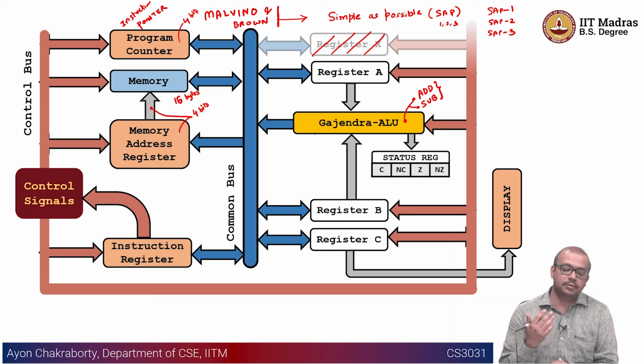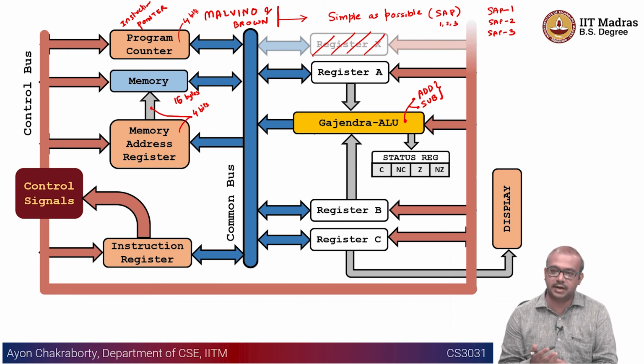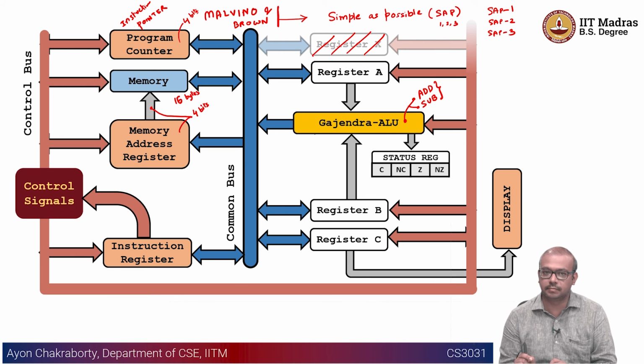Now coming to the memory, if you issue this 4-bit address to the memory and read from memory, the data that is going to be coming to the common bus is going to have a size of how many bits? We are storing 16 bytes, right? And every byte is addressable by this 4-bit address.